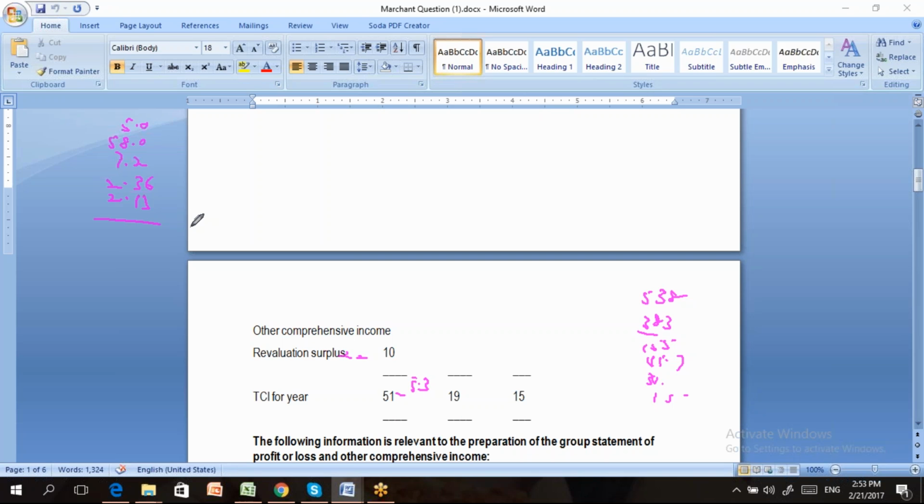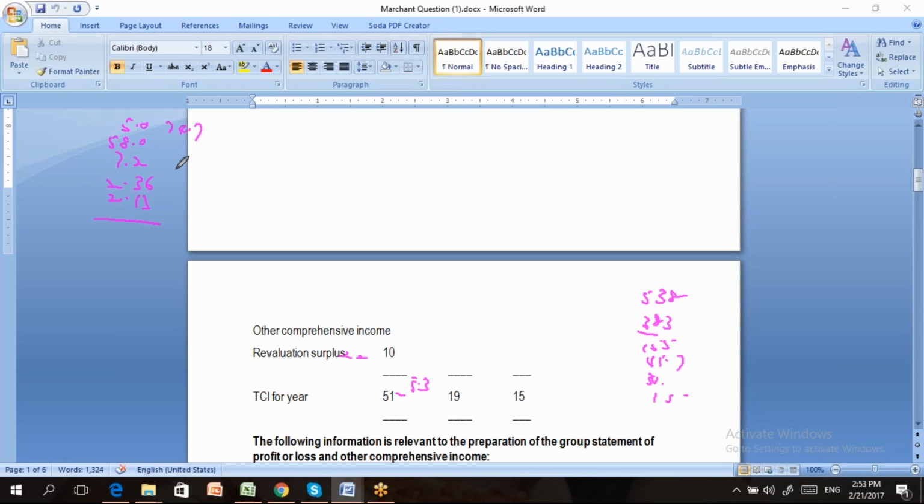So now I'm working beyond that one, but for the moment, the P&L other expenses figure should include all these: 5, 58, 7.2, 2.36 and 2.1. So what's the total of that? Adding all of those together, it comes to 74.7. You are right.